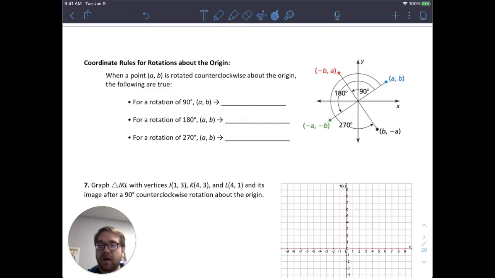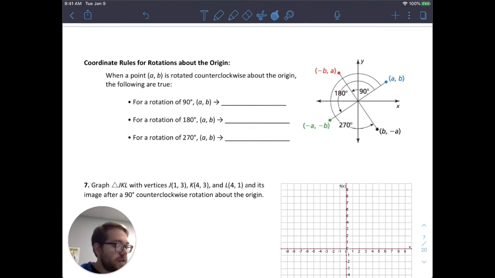So it might be hard to always visualize the circle and how much you're rotating with those points, especially if you don't have the tools to necessarily measure everything out. And so there are certain rules that we can learn for rotating any figure or point about the origin. So we have some coordinate rules that will help us do that and make it a little simpler.